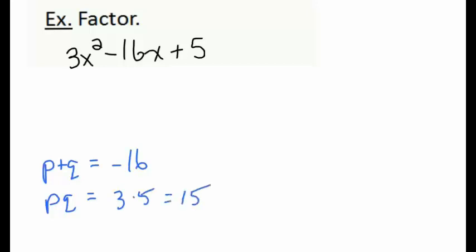Can you think of two values that we can add to get negative 16, and multiply to get 15? This one's a bit trickier, but with a little bit of work, you can see that p is negative 15 and q is negative 1. If we add together these values, negative 15 minus 1, we get negative 16, and if we multiply them, negative 15 times negative 1, we get 15.